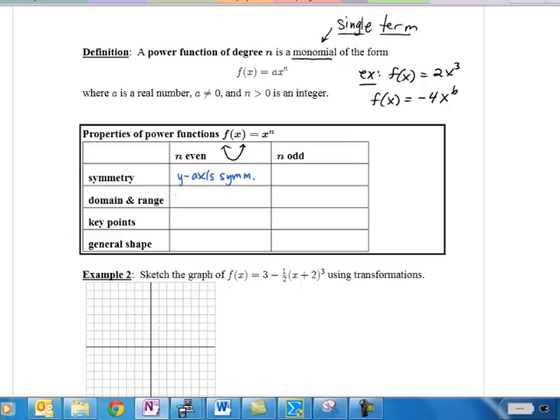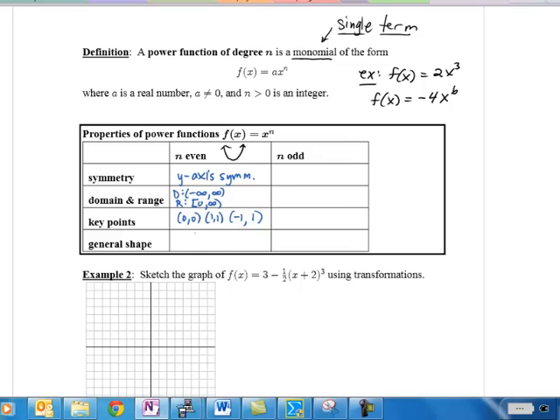The domain will be all reals, and the range will be 0 upward. Key points that will be on any of those graphs would be (0, 0), (1, 1), and (-1, 1). If I have an even exponent, negative 1 squared, or negative 1 to the fourth, or negative 1 to the sixth, those are all going to give me positive 1.